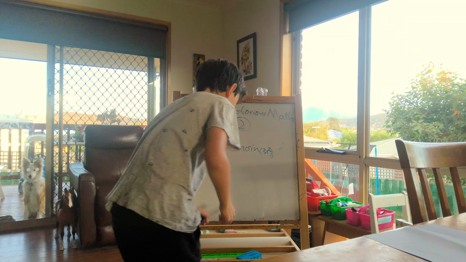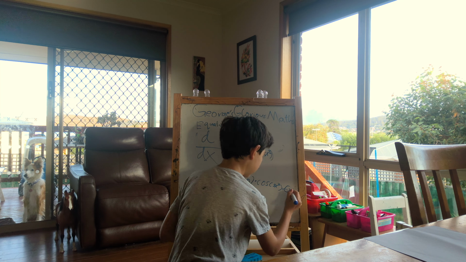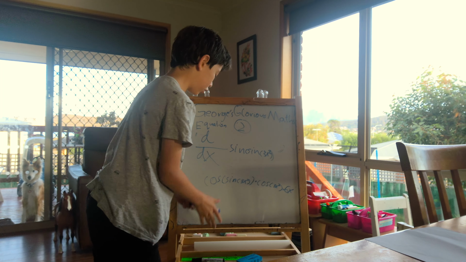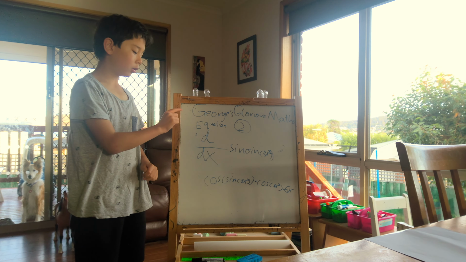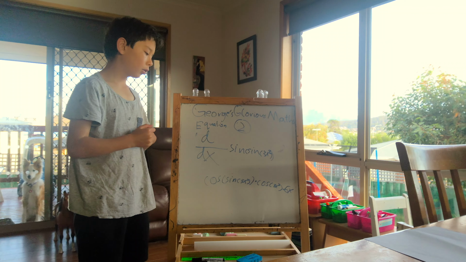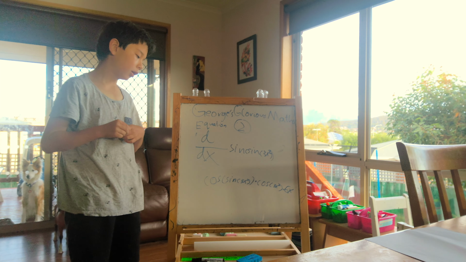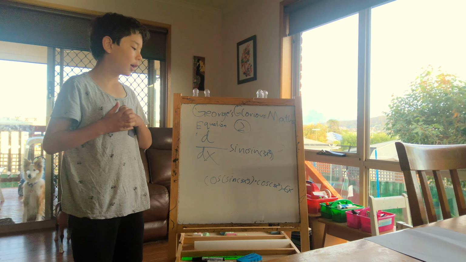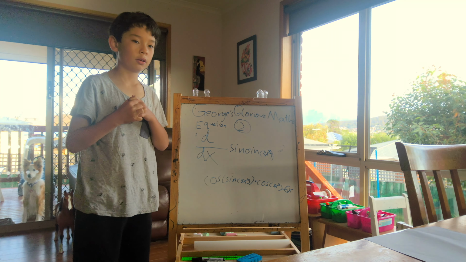So we end up with cosine of sine of 3x squared times the cosine of 3x squared times 6x.